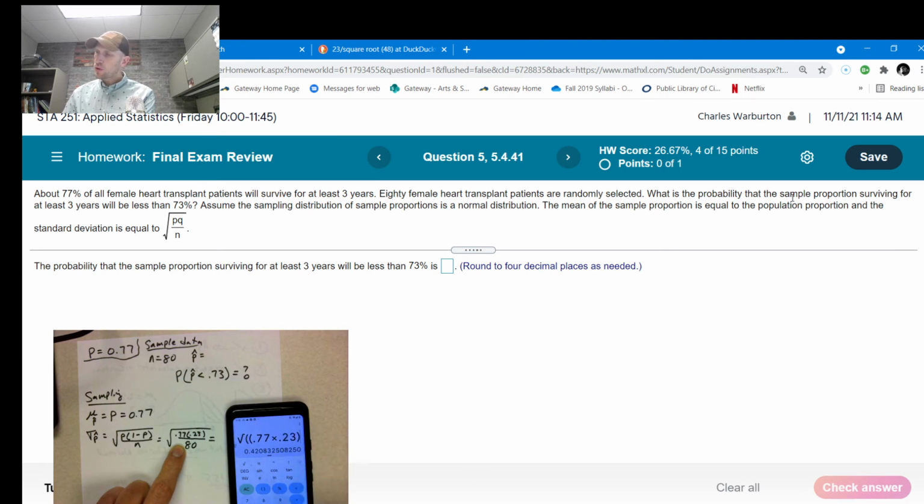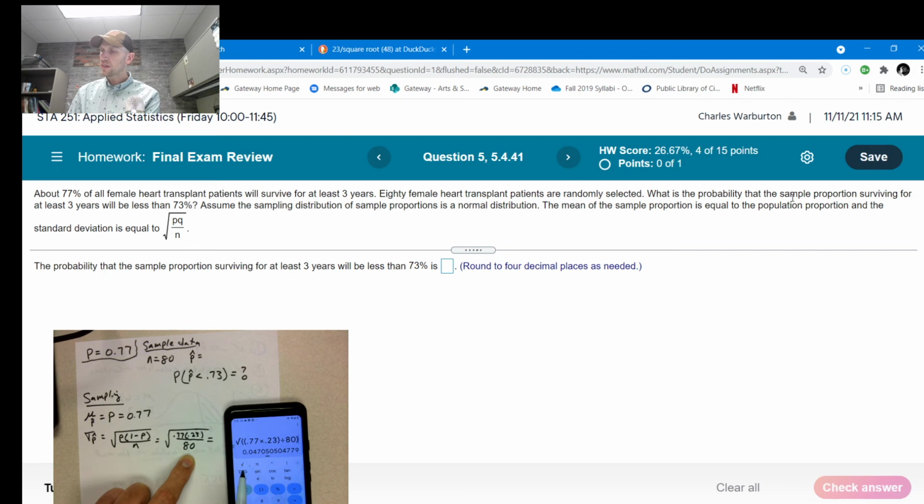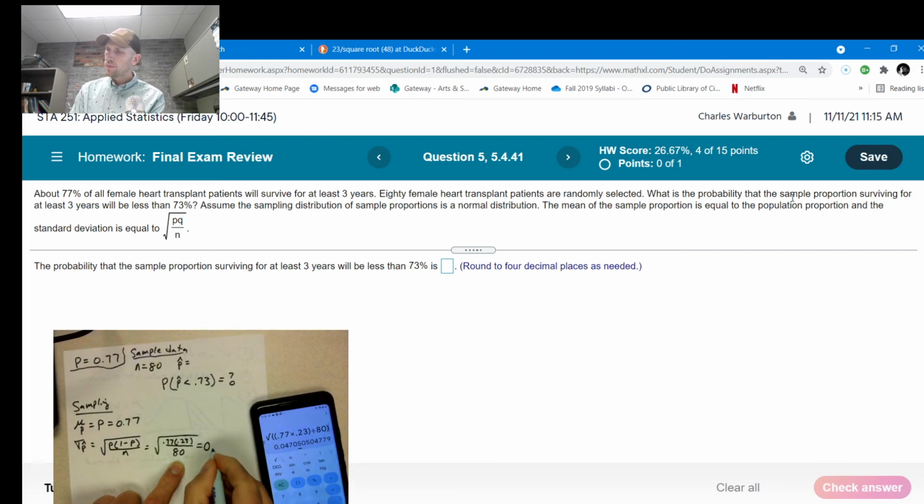Now I'm going to close the numerator, divided by 80, and now I'm going to close the square root. That does it. All right, so that's 0.0471. Well, they want that to 4 decimal places.